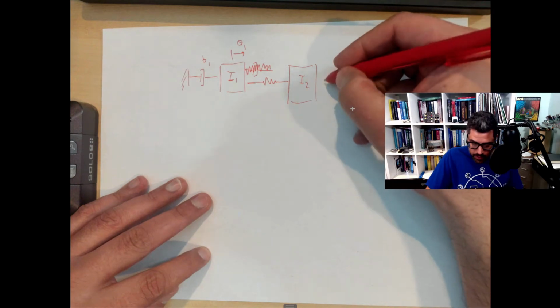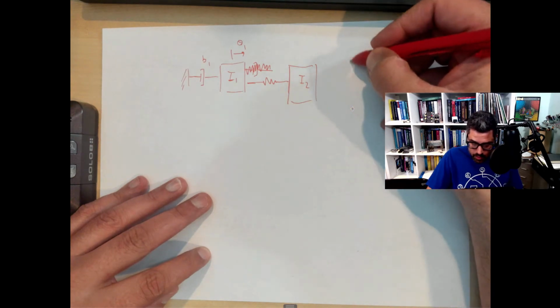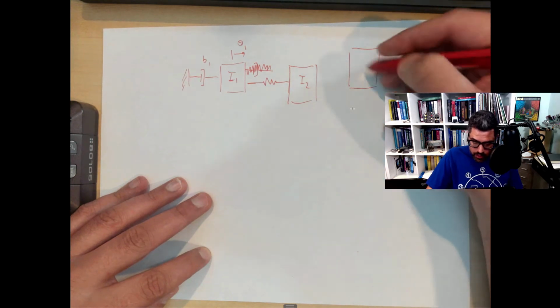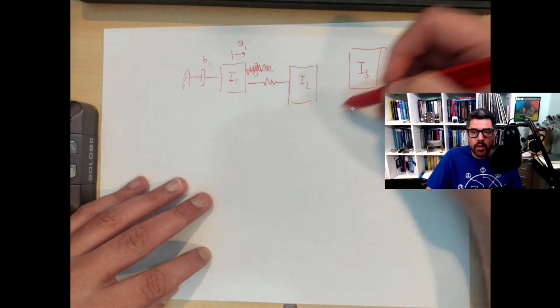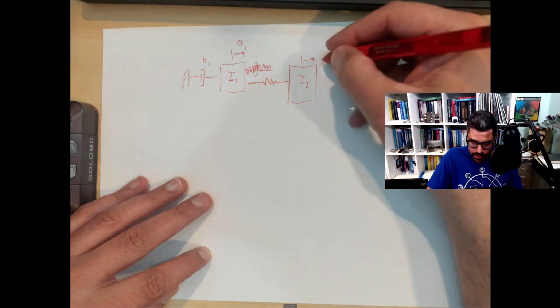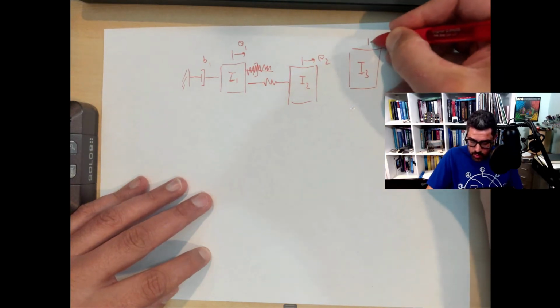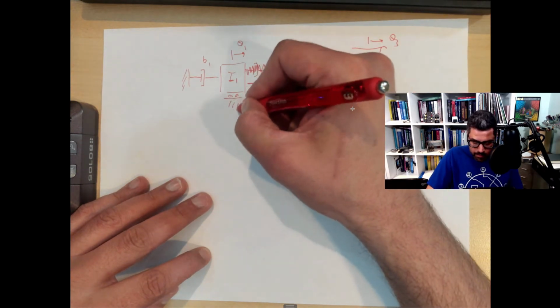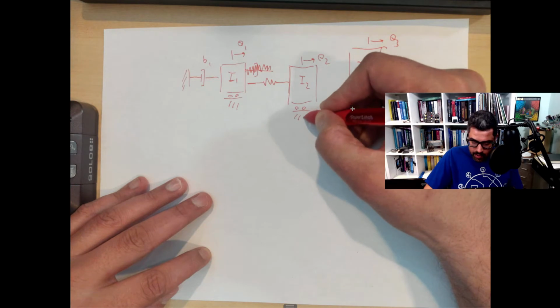And another, let's draw it a little bit, let's shift it up. So this is I3. This is the third disk. This is theta 2, theta 3, and now I've got to draw the bearing.